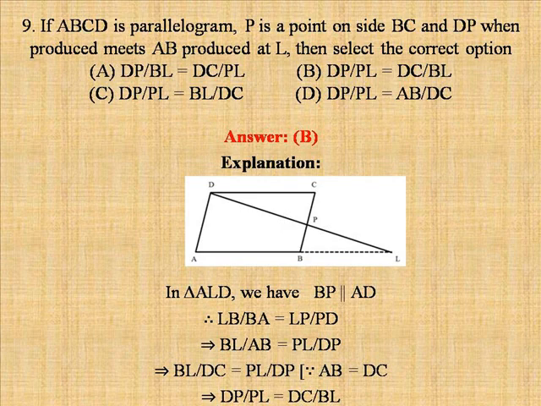Therefore BL by DC, because AB equals to DC, equals to PL by DP. So we got DP by PL equal to DC by BL by taking the reciprocal of the ratios. So the answer is option B, that is DP by PL equals to DC by BL.